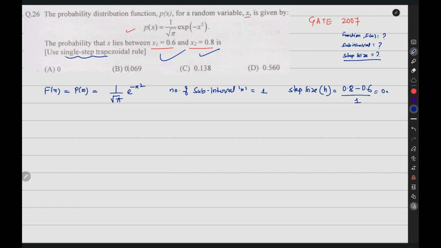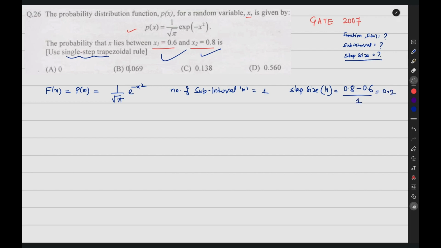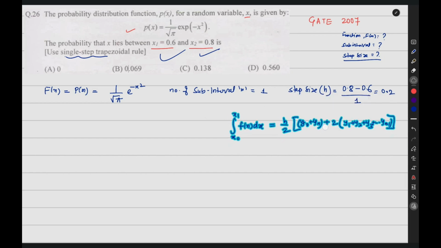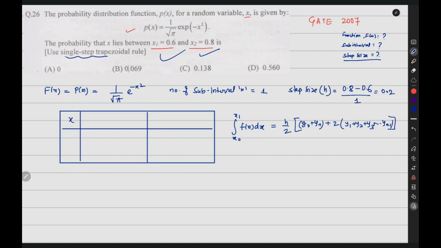So it will be 0.2. Now we will write the formula as this one and draw a table x, y. So we will start from the lower limit, that is 0.6. Now we will increase by step size 0.2. So it will be 0.8.